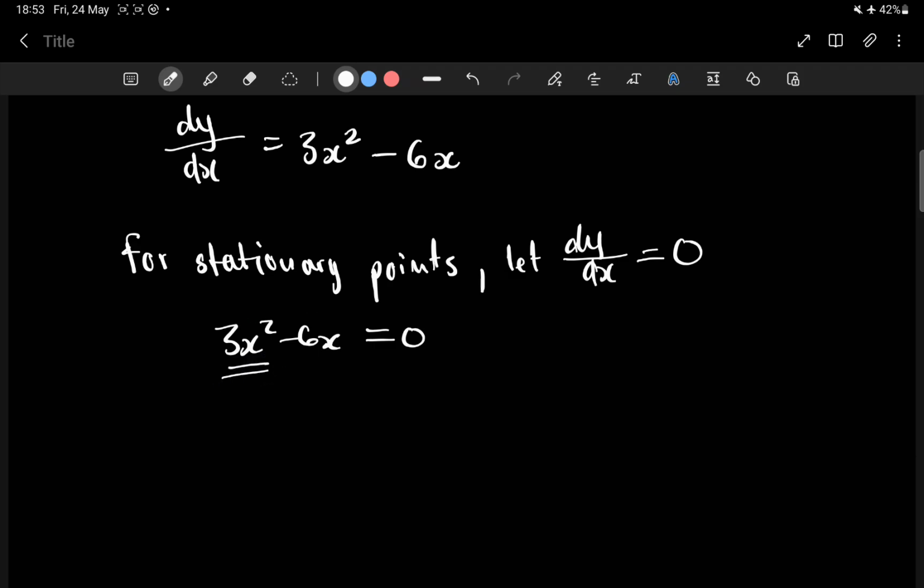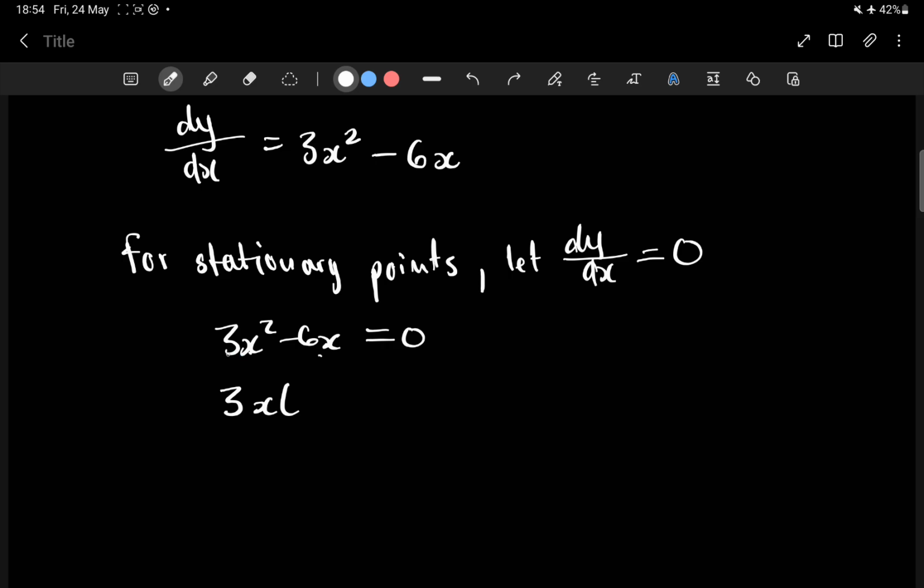You can go and see the videos on factorization, okay? That's topic 1 of paper 1. I bring out here 3, here x, because this is a quadratic equation and I can solve either by factorization or quadratic formula, okay? Those are the ones I use. Although I can also do completing the square, but I use factorization or quadratic formula.